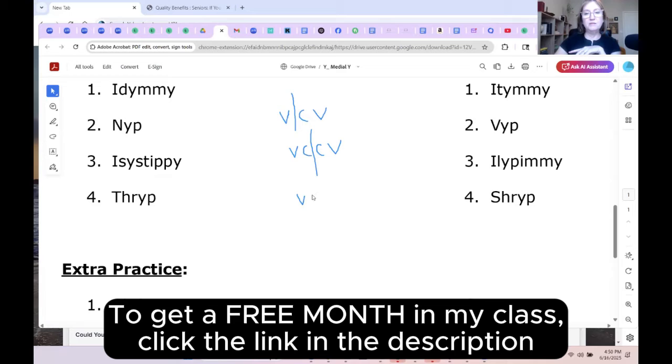And if there are three consonants between the vowels, it will be a one-two split for the consonants. So here I have a vowel, consonant, vowel. Consonant goes to the end. Vowel, consonant, consonant, vowel. Do the split right in the middle. Same with this one, split right in the middle. That's how I would break apart that word.